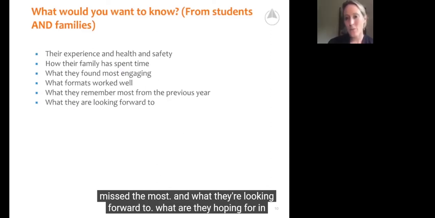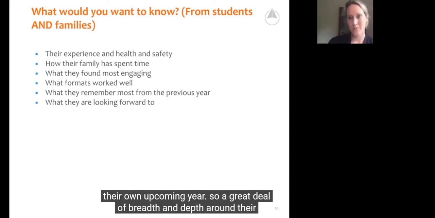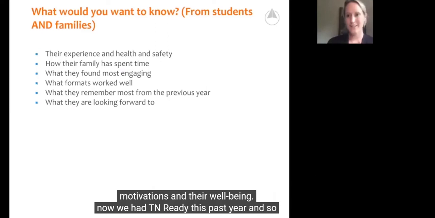What are they hoping for in their own upcoming year? So a great deal of breadth and depth around their motivations and their well-being.